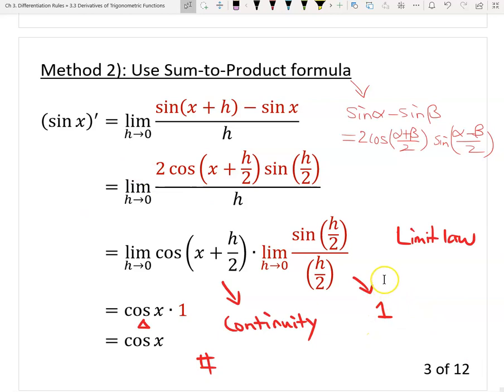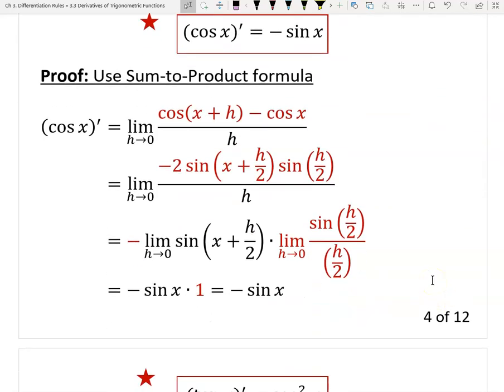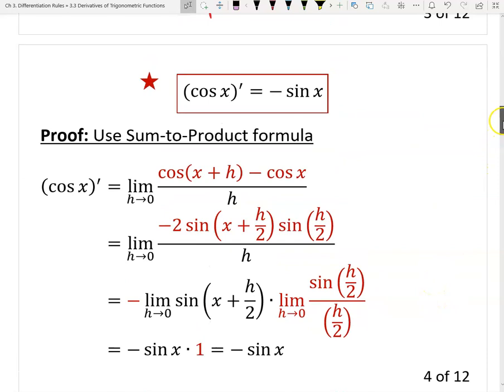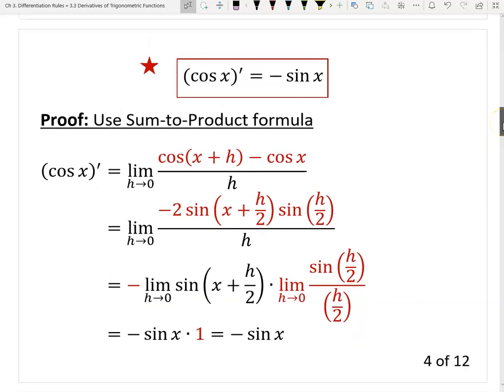So now we have the formula for sine: taking the derivative of sine goes to cosine. Now for the second type of trig function, cosine. How about taking the derivative of cosine? Cosine is very similar to sine, and it is also a smooth function.